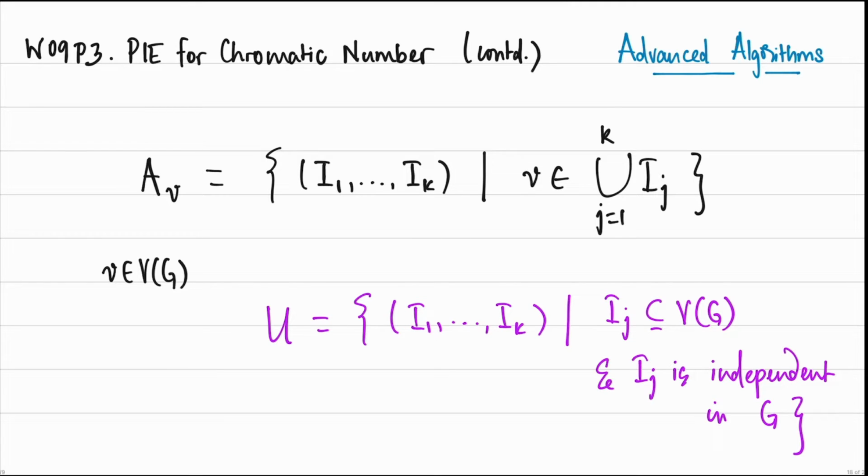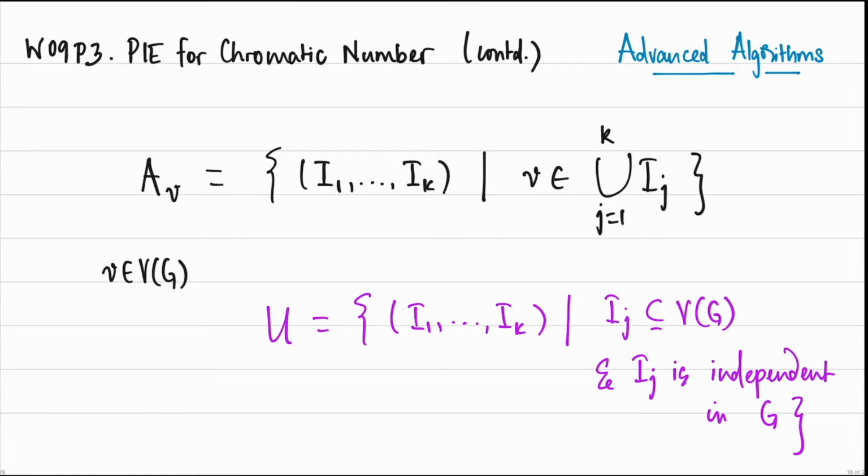That's why any ordered collection of k independent sets is an element in my universe. Now, these elements in the universe don't necessarily correspond to colorings because we are not imposing the restriction that their union should actually cover the entire vertex set.